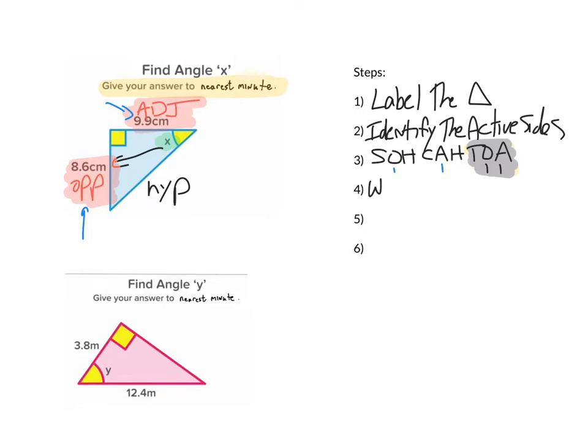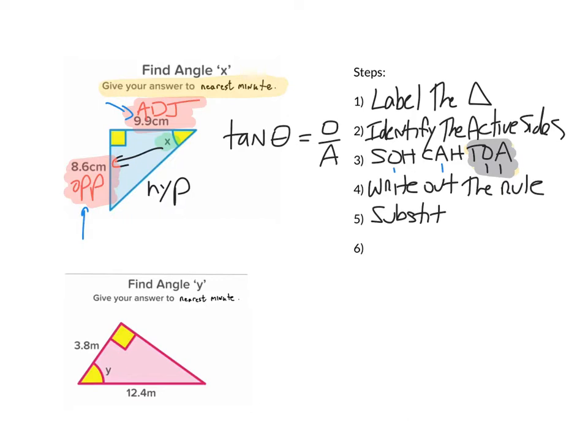Step 4 is to write out the rule. Well, what does that mean, write out the rule? I know the tangent of theta, the tangent of the angle, equals opposite over adjacent. So step 4 is to write out the rule. Step 5 is to substitute into the rule.